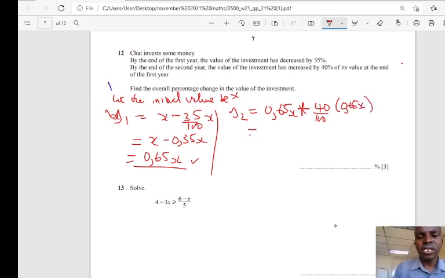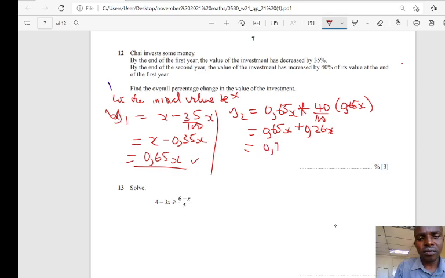It will be 0.65x plus 40 divided by 100, which is 0.4, times 0.65. You get 0.26. Then it will be 0.26 plus 0.65. You get 0.91.